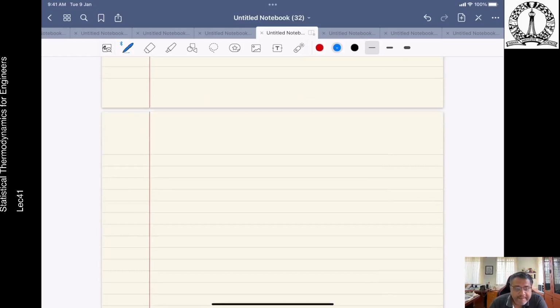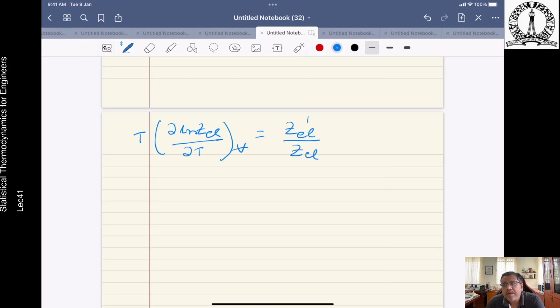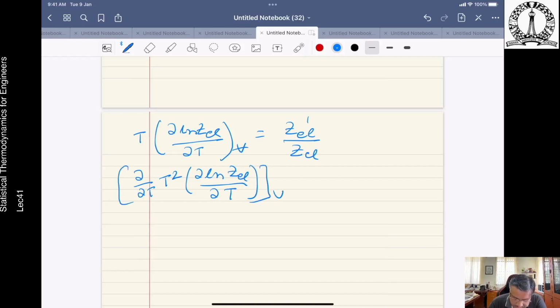Therefore, let's write it. Z_el, and T partial with respect to T squared, dT by Z_el minus Z_el.